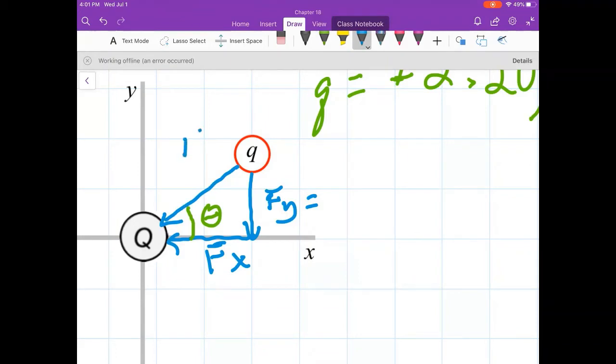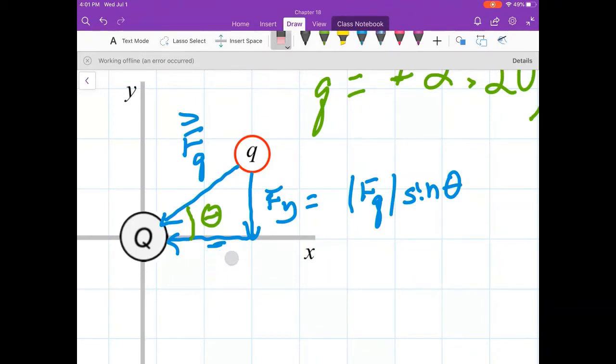The force that's acting on this q is the hypotenuse of a right triangle. So Fy is going to be the magnitude of that force times sine theta. Fx, let me move this down some.